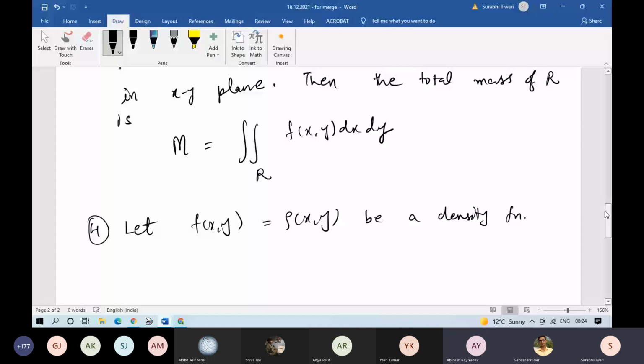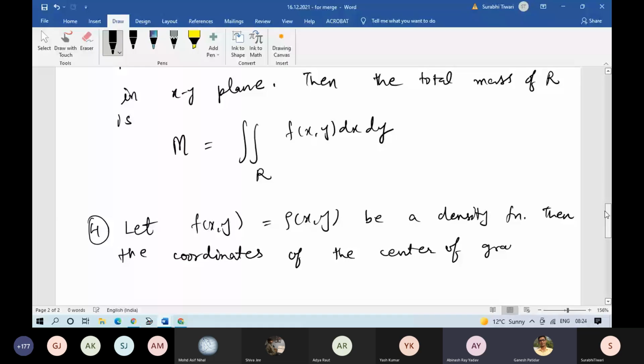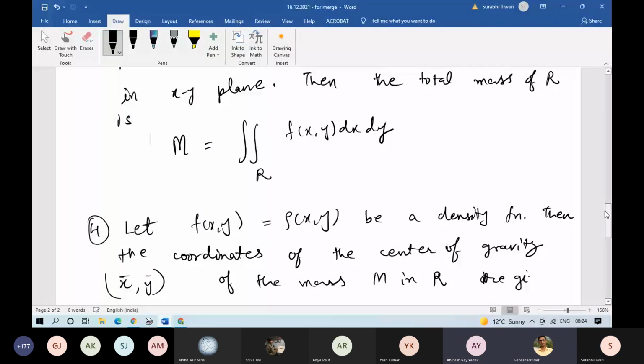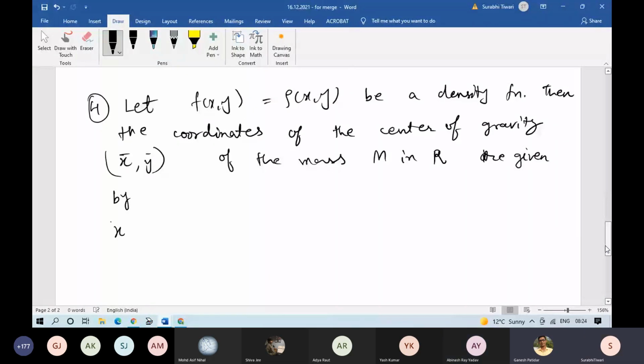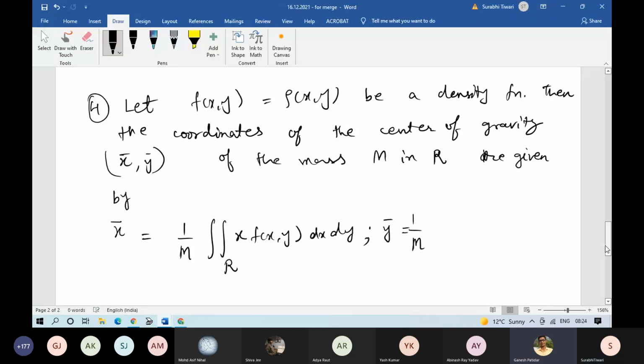Then the coordinates of the center of gravity (x bar, y bar) of the mass m in R are given by x bar is equal to 1 upon m, double integration over the region R, x f(x,y) dx dy, and y bar is equal to 1 upon m, double integration over the region R, y f(x,y) dx dy, where the value of m you will calculate from the above formula.